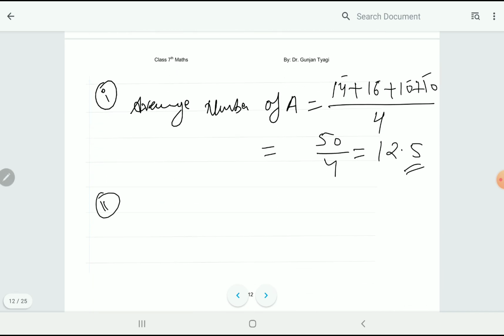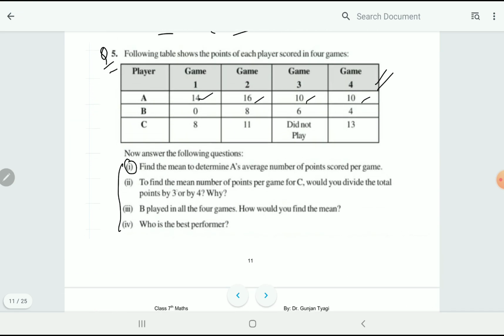Let's do the second part. In the second part, to find the mean number of points per game for C, would you divide the total points by 4 or by 3? Let's observe C. You can see there is a third game which was not played by C. So C did not play game 3.